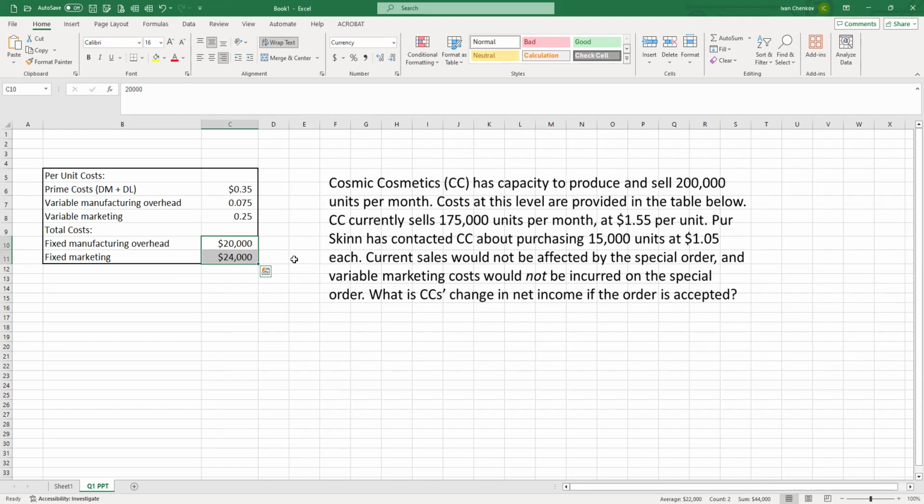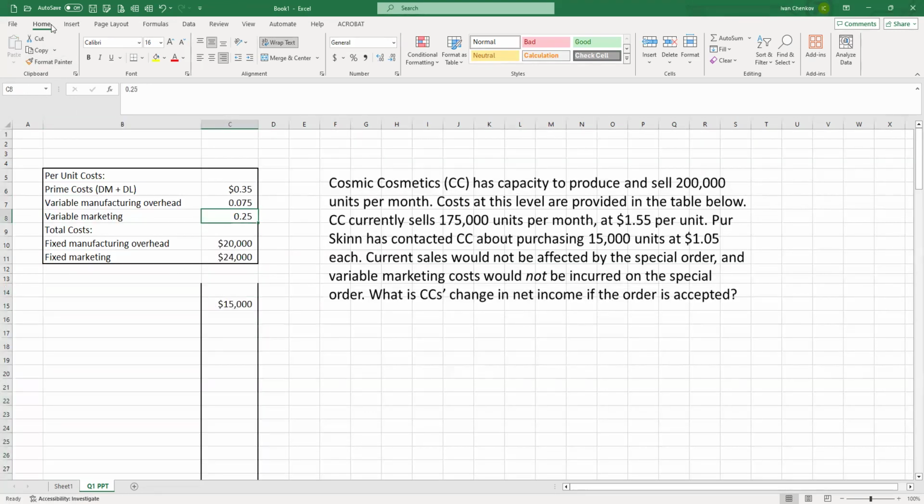So currently our capacity is 200,000. Currently we're selling 175,000 per month at $1.55 per unit. This company was contacted by CC about purchasing 15,000. Now we have to find 15,000 units. Let me make some adjustments here.